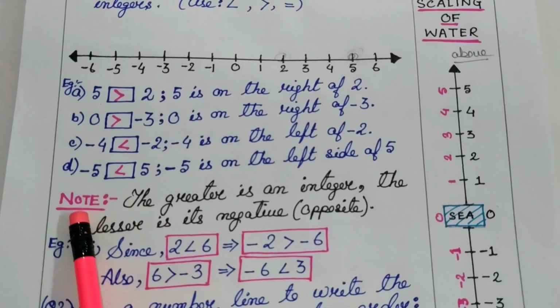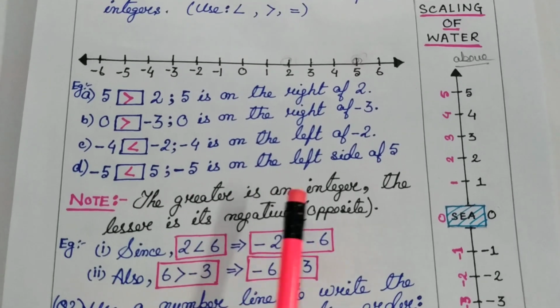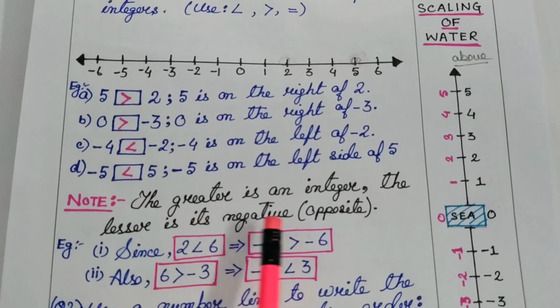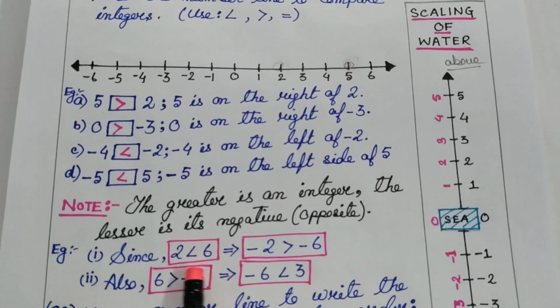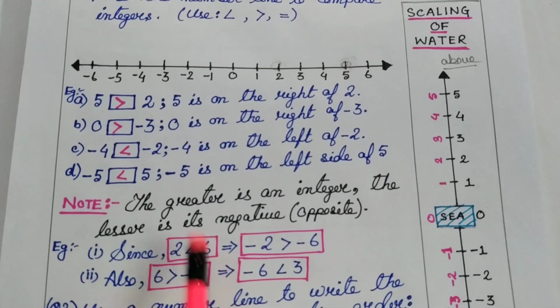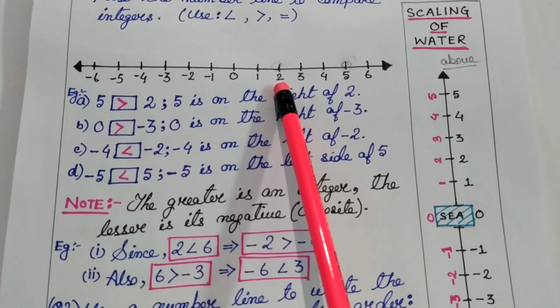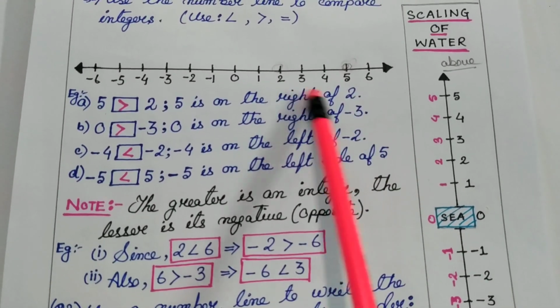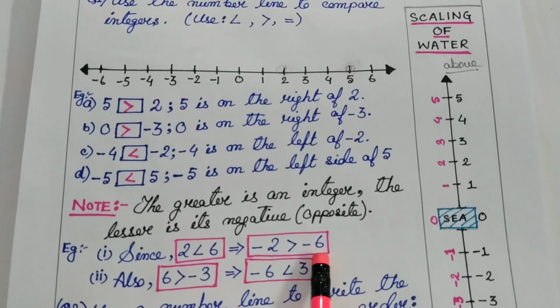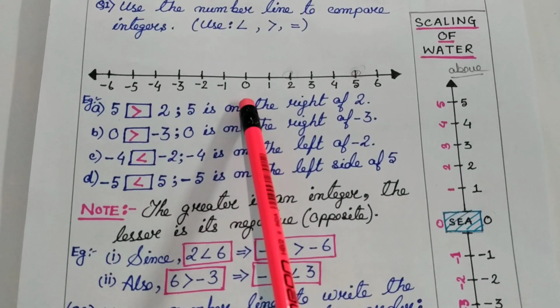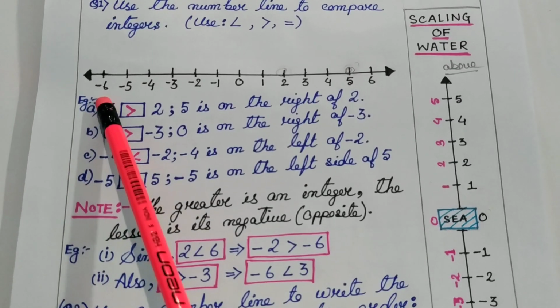Now children, note. The greater is an integer, the lesser is its negative. That means the opposite value. Now, since 2 is less than 6, we will locate here 2 and 6. So 2 is less than 6. Then what will happen? Minus 2 is greater than minus 6. Why?